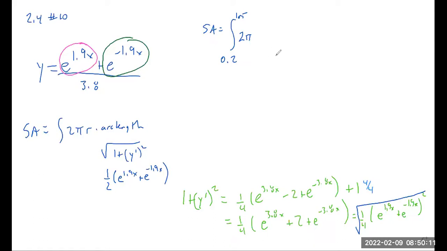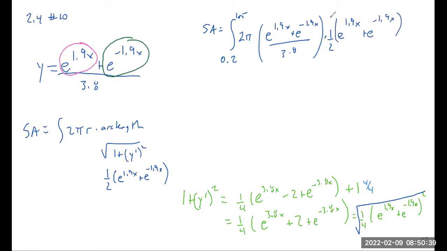And the radius was the y value, which is the function. So we're going to have e to the 1.9x plus e to the minus 1.9x over 3.8. So 2 pi r times our arc length, which is this thing that we just calculated, the 1/2 e to the 1.9x plus e to the minus 1.9x. And then our differential is a dx because we're moving in the x direction.